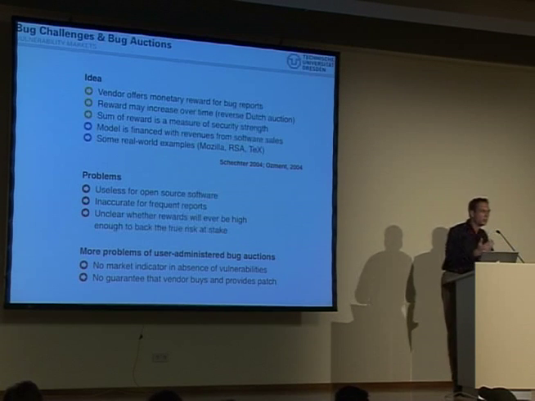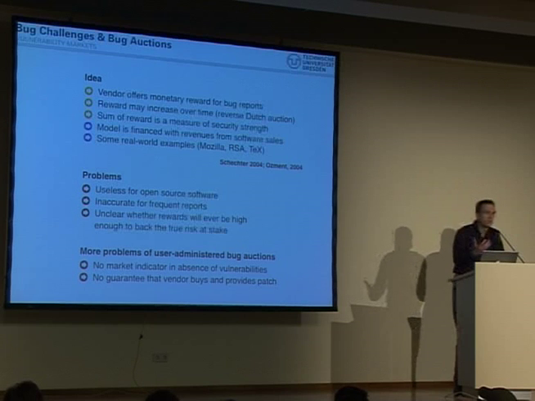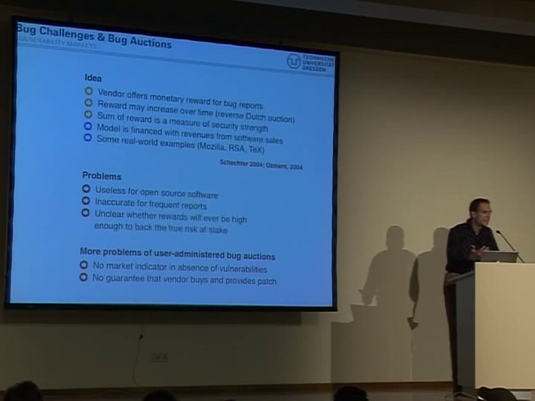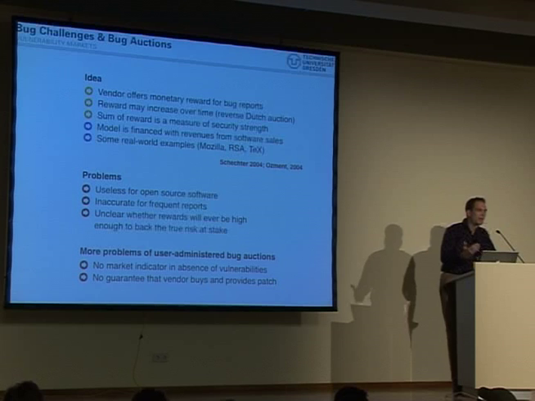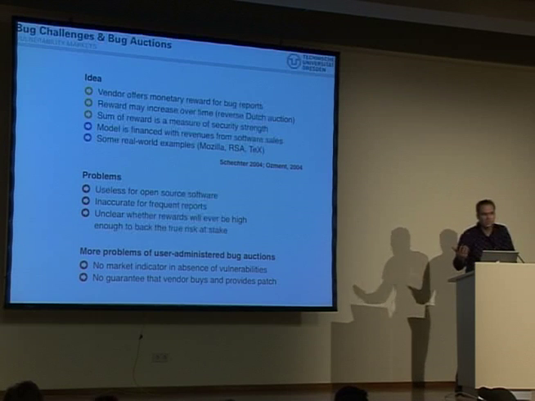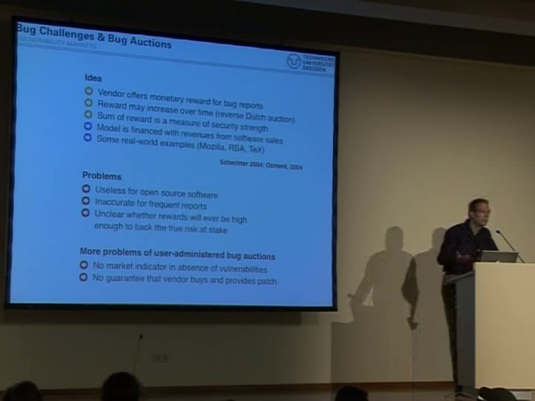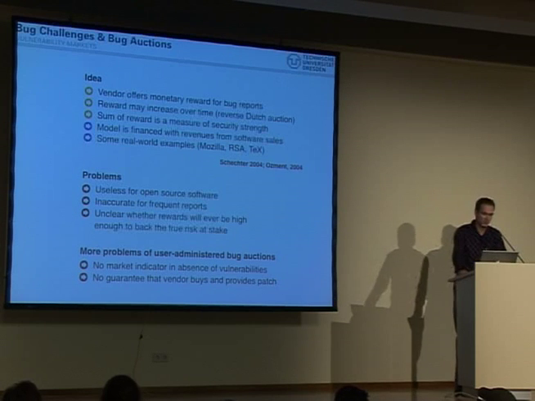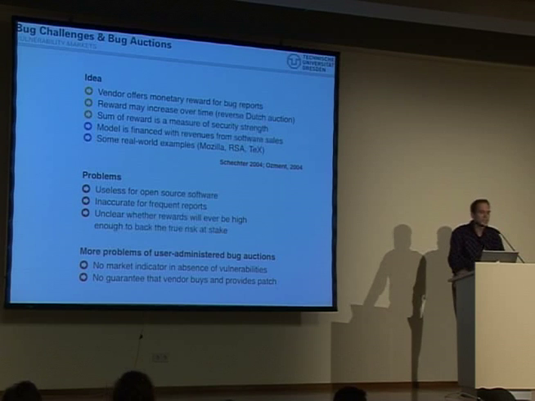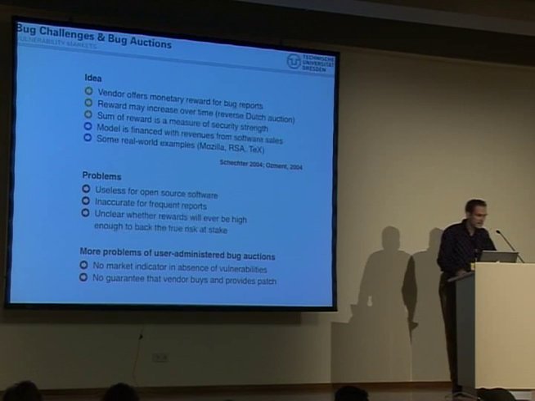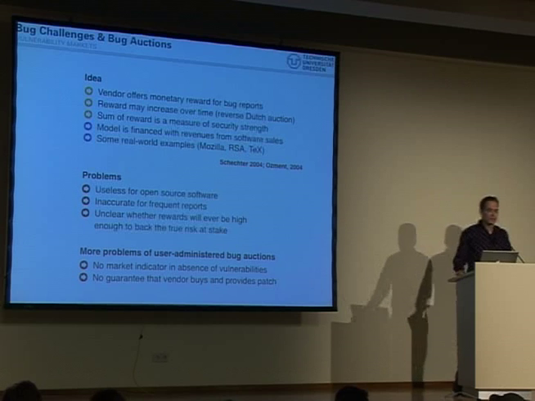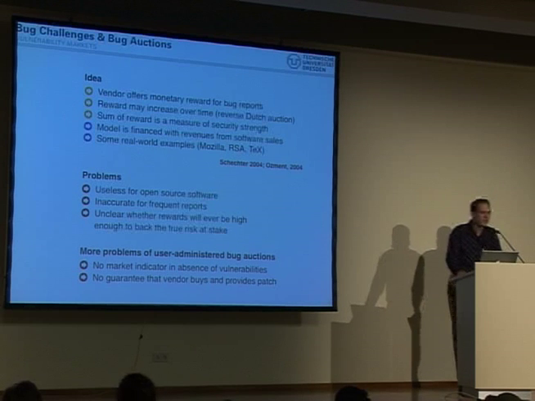So if the reward for a remote root vulnerability would be $10,000, then it means you can safely use the software to protect $10,000, because an adversary would choose rather to get the reward than attacking your system. And what is important is that this model is financed with the revenue from software sales. And there exist also some real-world examples. I think everybody knows the famous RSA challenge.